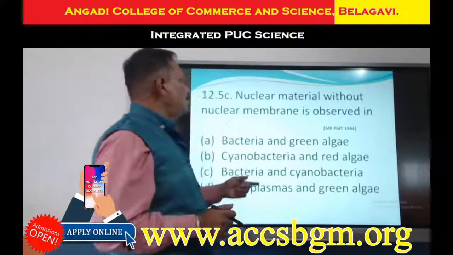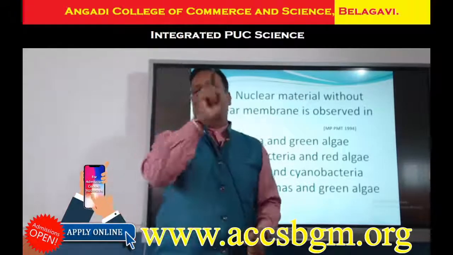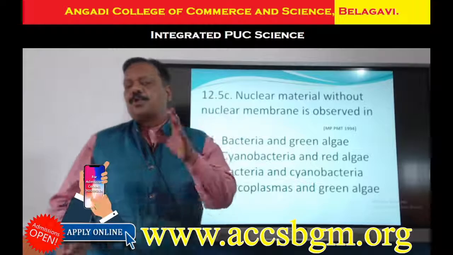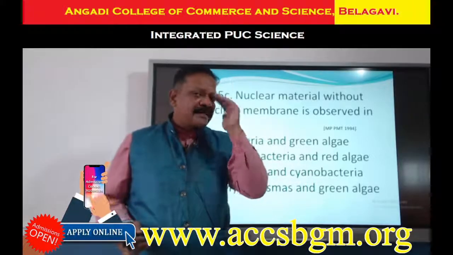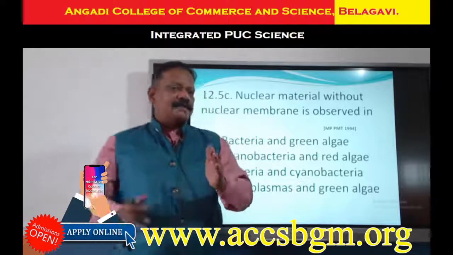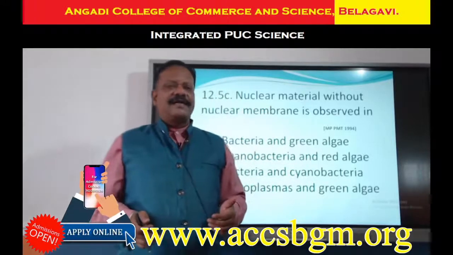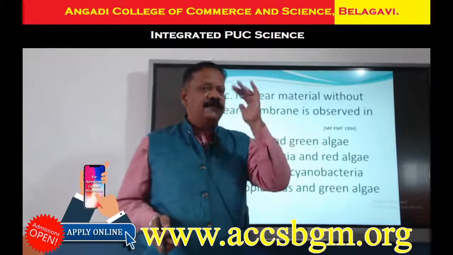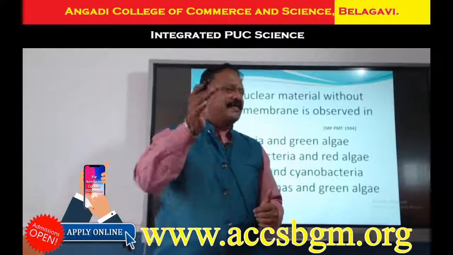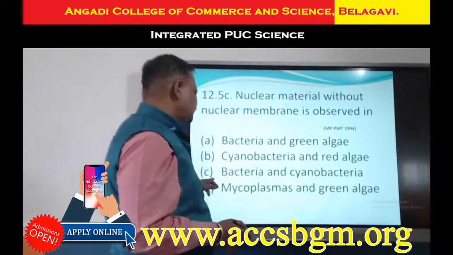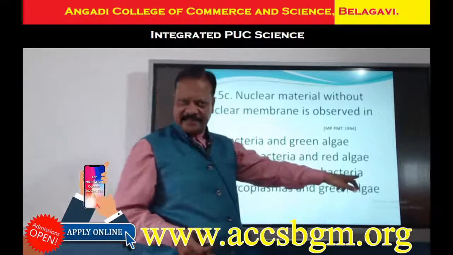I told you, nuclear material without nuclear membrane is the characteristic of prokaryotic cell, found in case of bacteria. You call it nucleoid, or incipient nucleus, or false nucleus, that is found in option C, bacteria and cyanobacteria.